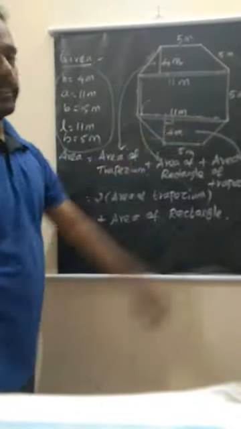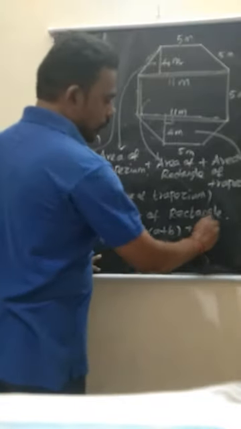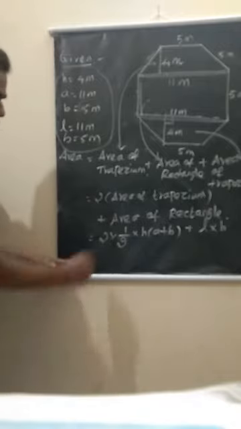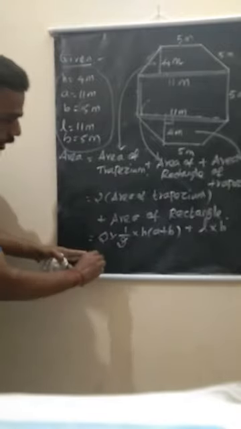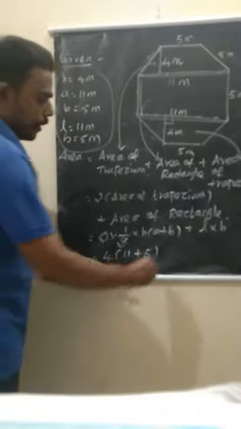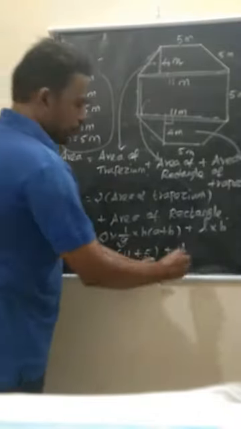So 2 into 1 by 2 into H into A plus B, plus L into B. This is the formula we already know. After cancelling these two, H value given 4 into A value 11 plus B value 5, plus L value 11 into B value 5.